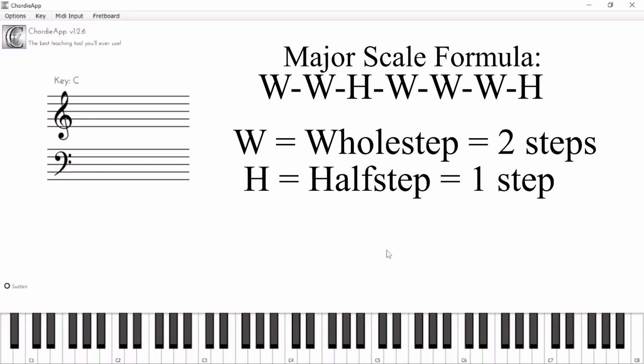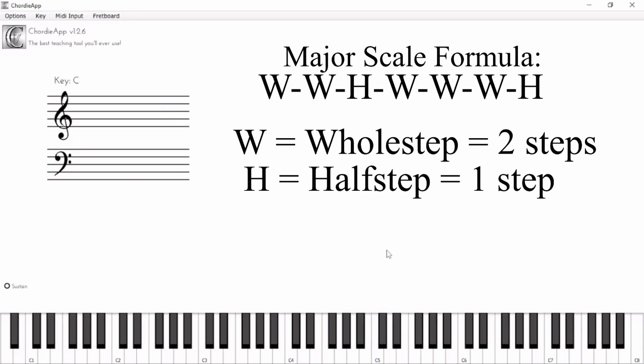So if I'm here on C, and the formula tells me whole, whole, half, whole, whole, whole, half, then that means I go up a whole step, a whole step again, and then a half step, and so on.